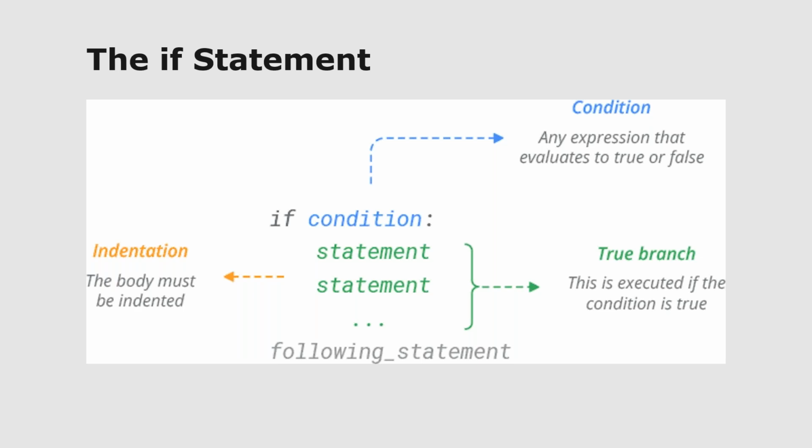Boolean. Comparison operator, right? So you have to use the comparison operator here, which will return false or true. And in the statement, you can run any code inside. So if true, it will run. If not true, it will not run.